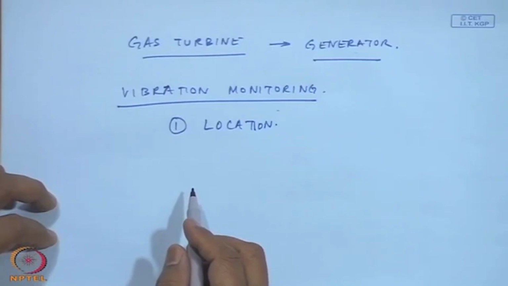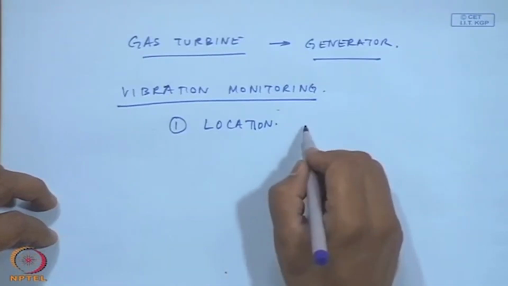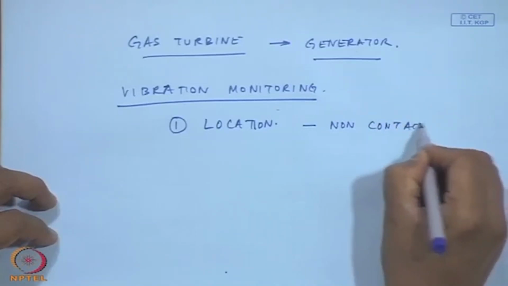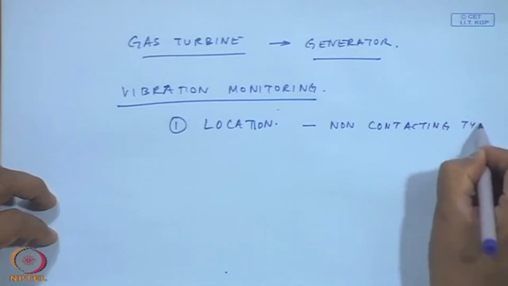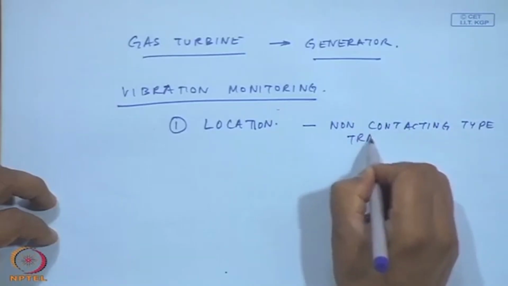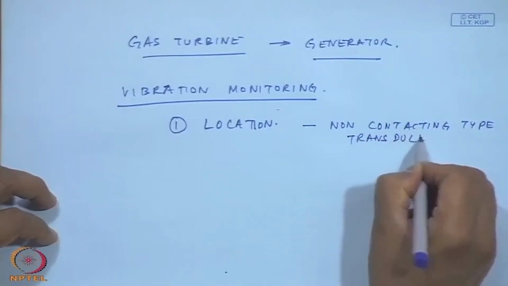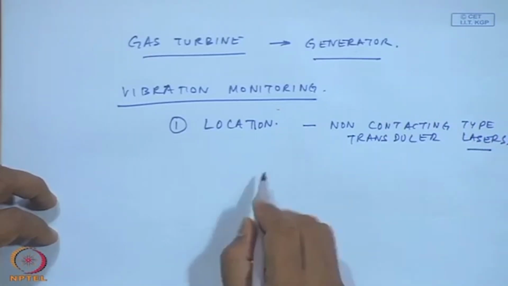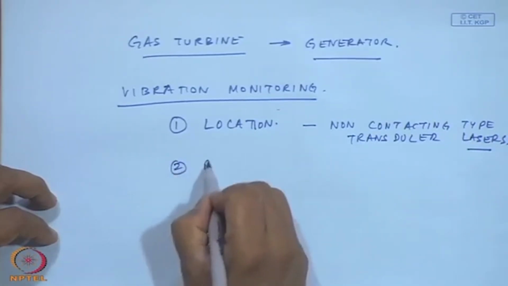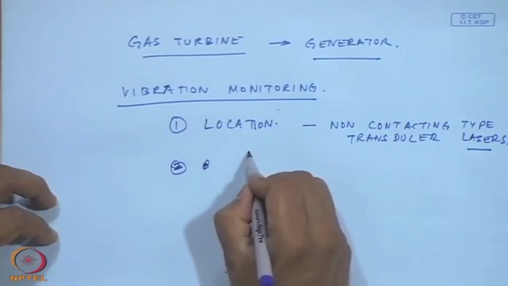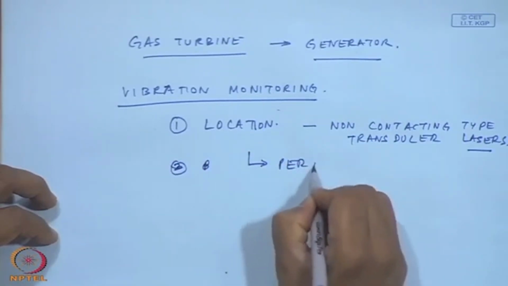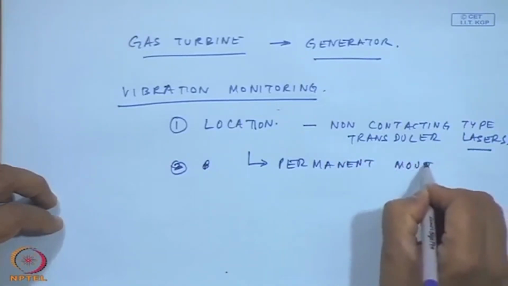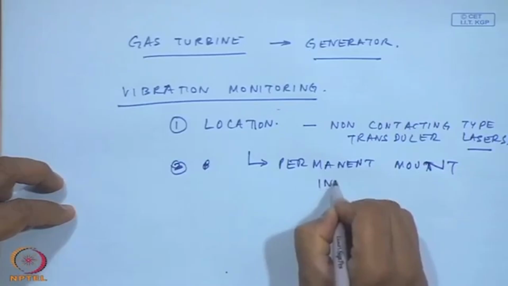In that case, we have to use what is known as a non-contacting type transducer like lasers, but for permanent mount we can put an industrial accelerometer.